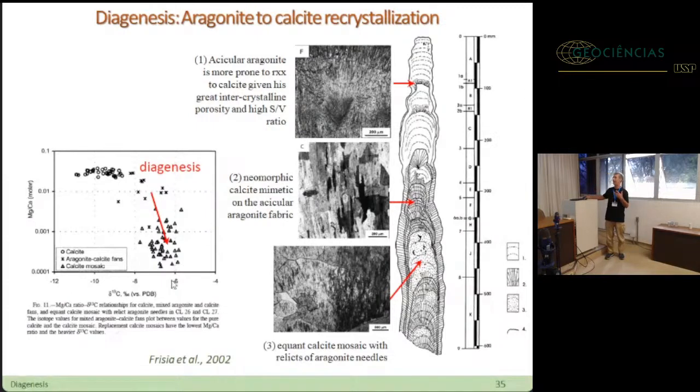So this is the typical aragonite to calcite recrystallization, and usually it proceeds in steps when we change the drip water composition, and we can have this relic of aragonite within the equant calcite mosaic. And so the equant calcite is the final product of the complete diagenesis and recrystallization.